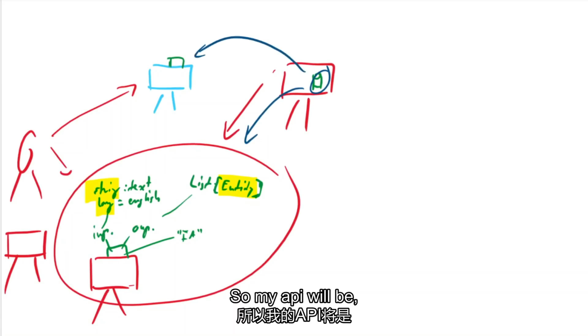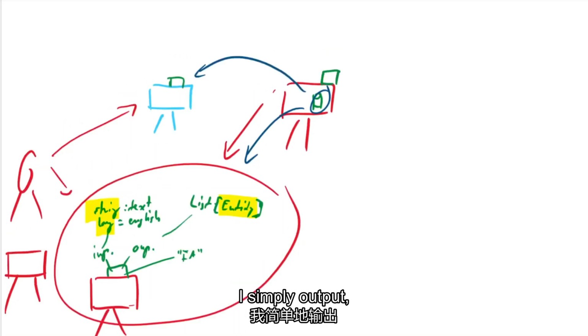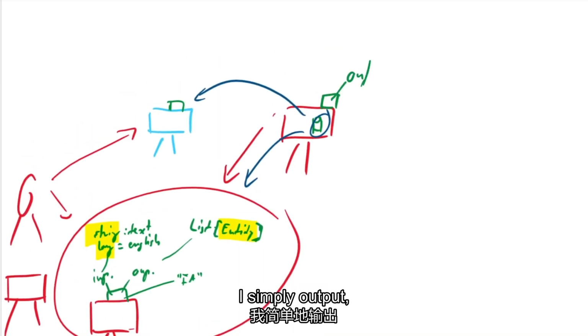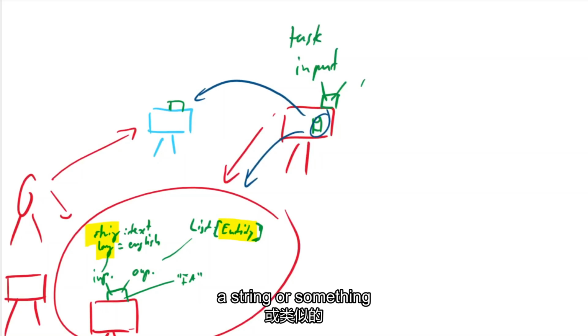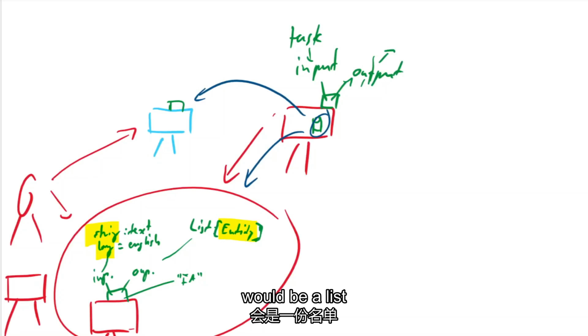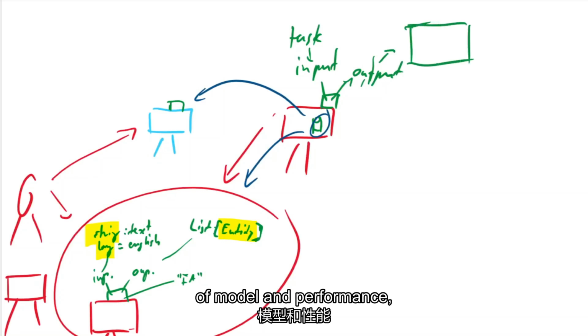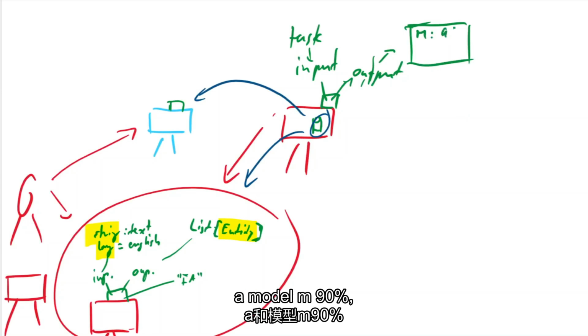So my API will be, the input would be a task name. So the task would be a string or something like this. And the output would be a list of model and performance, like model A, model M, 90%, model X, 95%.